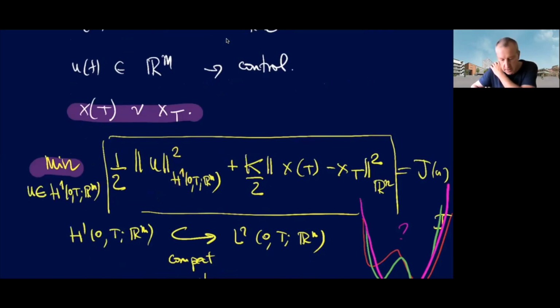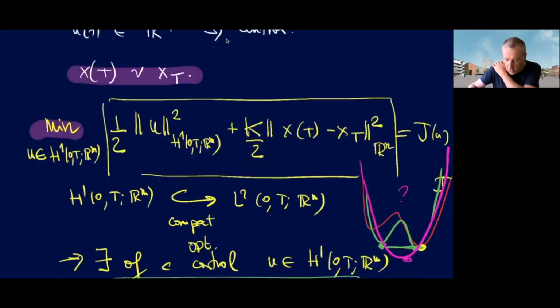This is fine. This is actually strictly convex. Of course, the norm squared is also convex with respect to X. But here we are not looking at the convexity with respect to X. We are looking at the convexity with respect to U.